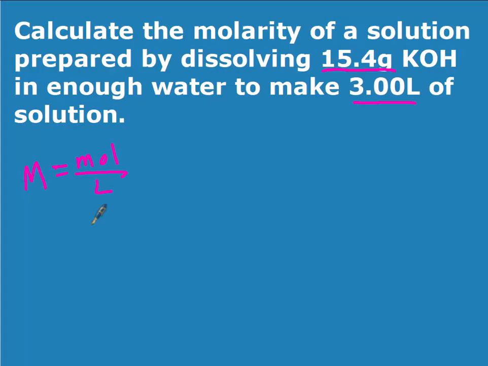My 15.4 grams is not in moles, so I'm going to start with that on top. And I'm going to put my liters on bottom. Liters is already good to go, but I need to convert my grams to moles. One mole of KOH is equal to 56.108 grams.